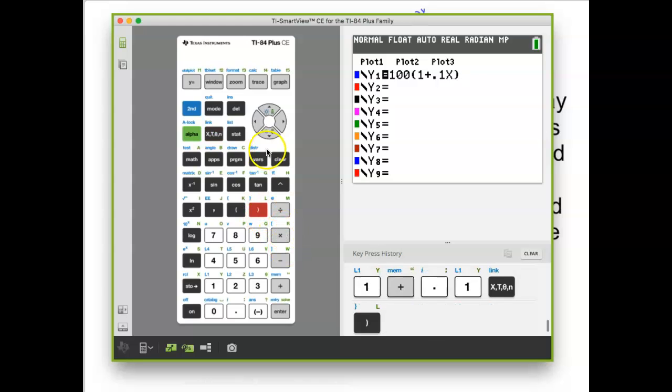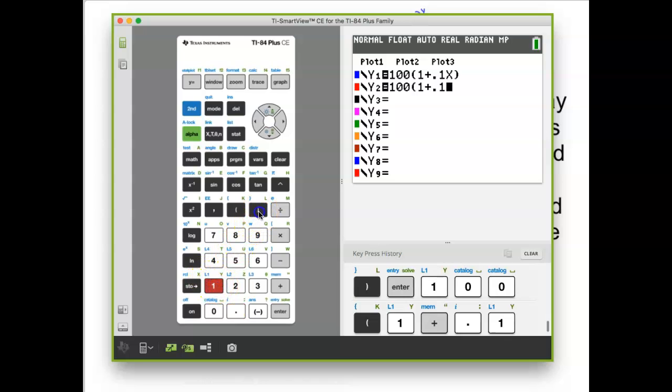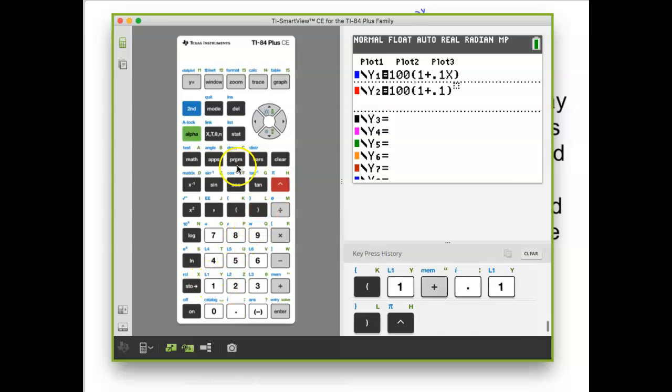That's the thing I'm going to change. And then in y2, I'll put my compound interest formula, and I'll plug in those values. So 100, in this case, times 1 plus 0.1. But now it's going to be to the power of years, and I'm just going to put a variable in there.